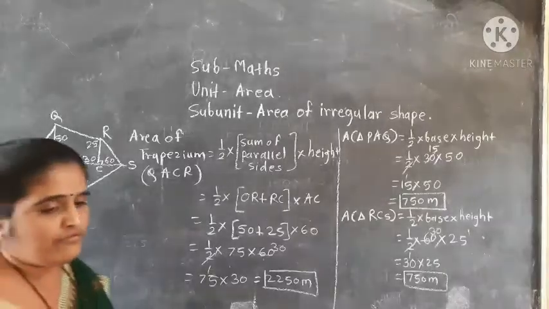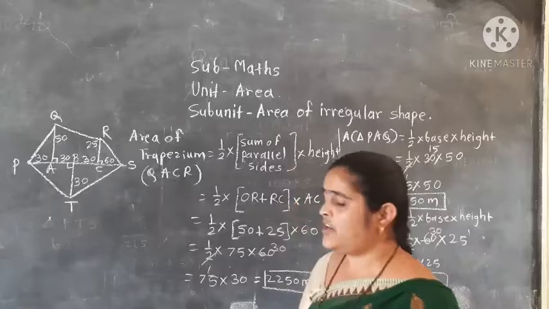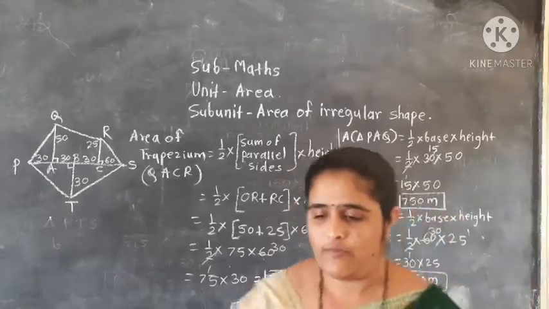Let's finally add all these values and calculate the area of this irregular shape.